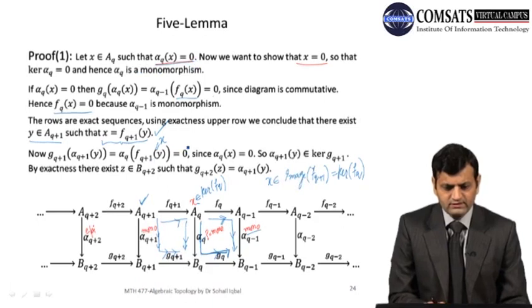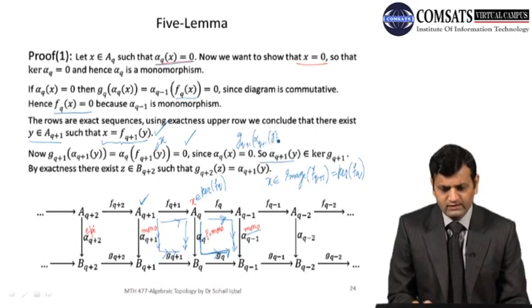So g q plus 1 of alpha q plus 1 y is equal to 0.